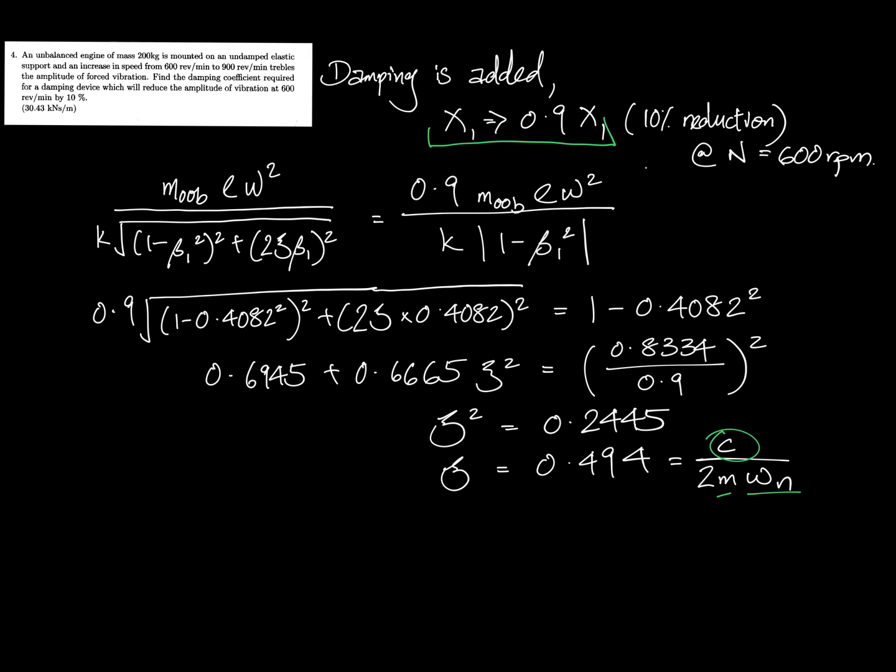So beta 1 is equal to omega 1 over omega n. We have 0.4082 equals omega 1, which we have at 600 RPM, over omega n, and therefore we can get our omega n as 153.